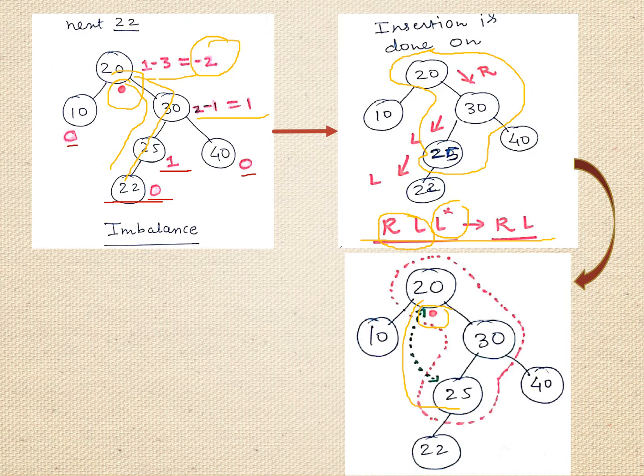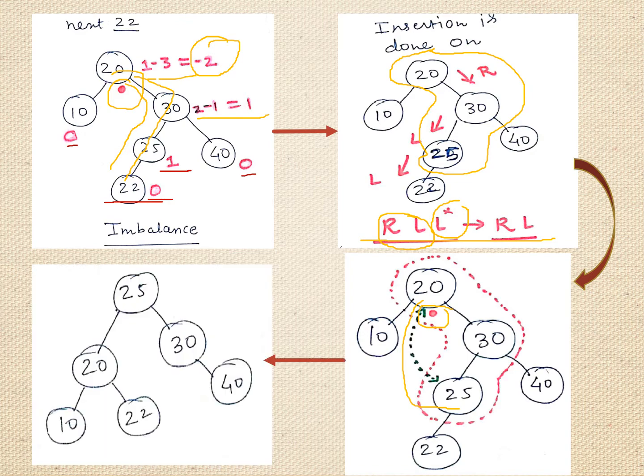So when you do the shortcut, you'll be getting the answer as this one. So 25 will be shifted as the position of your root node, and then 20 is shifted to the right, and then 10 is shifted again to the left of that node. So this way we'll be getting it, and the 30 and 40 nodes are as they are.